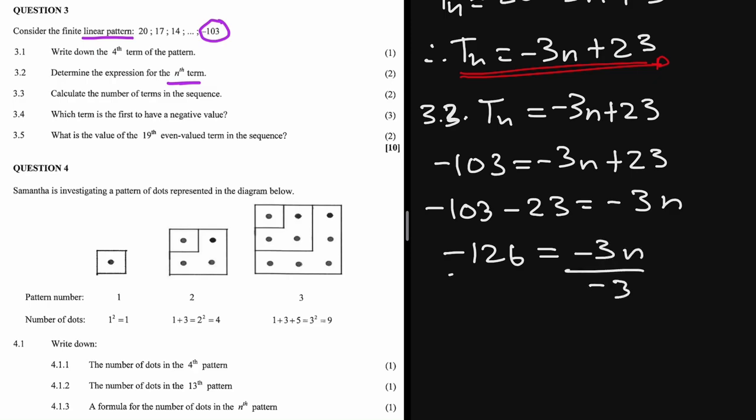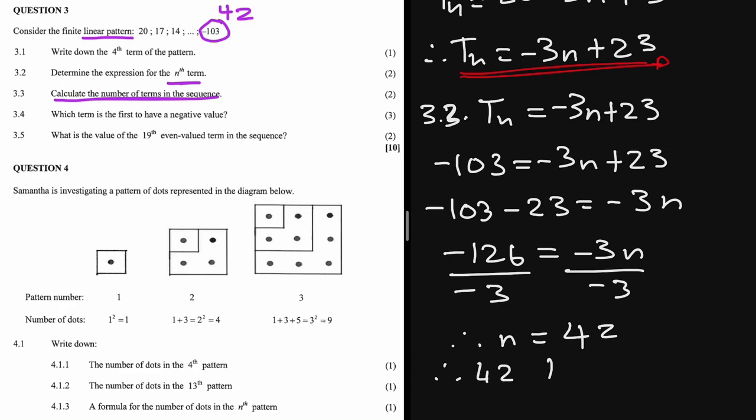You're going to divide both sides by negative 3, and therefore the value of n is 42. So if the last term is position number 42, the number of terms is going to be 42 terms. So you can just say, therefore, we have 42 terms.